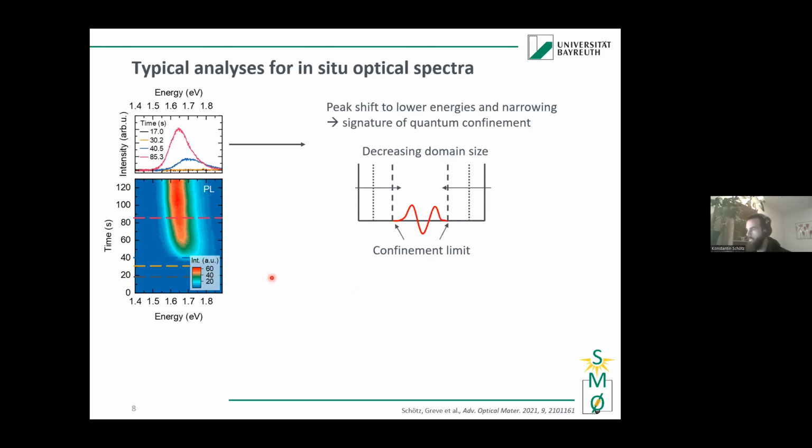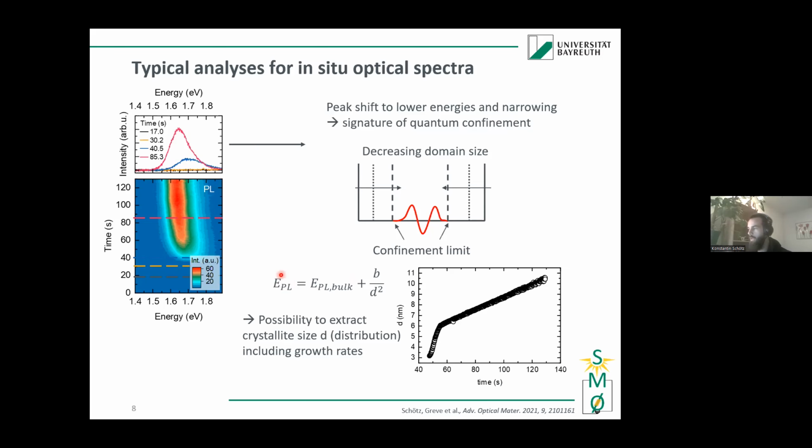Likewise, there's a formula to describe the PL peak position, which is simply the value of the bulk PL plus some constant over d squared, with d being the size of the crystallite. So from the peak position, it is possible to extract something like the average grain size. From the shape, it is also possible to extract something like a grain size distribution.